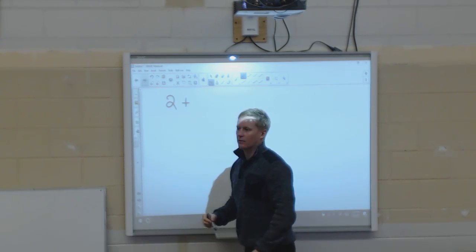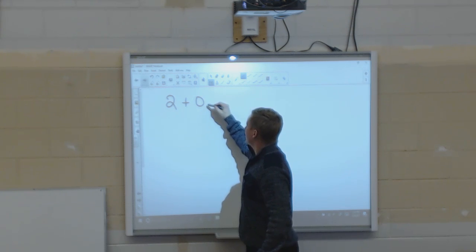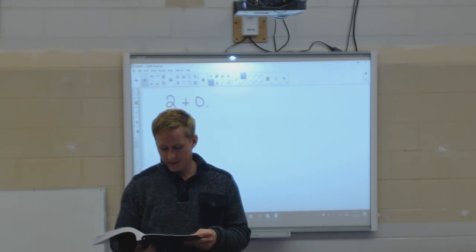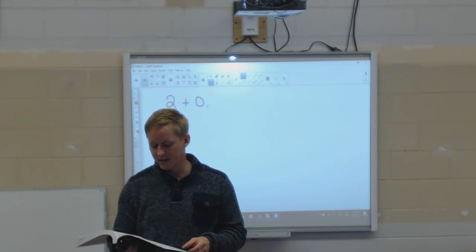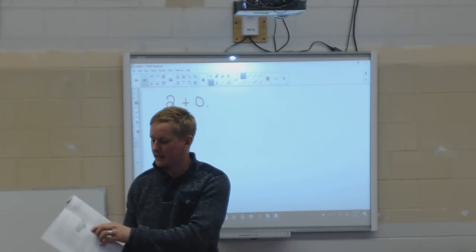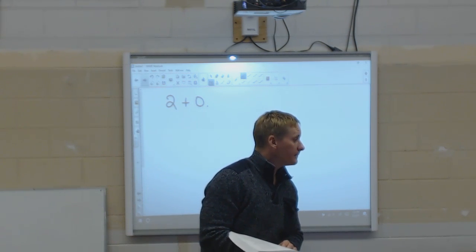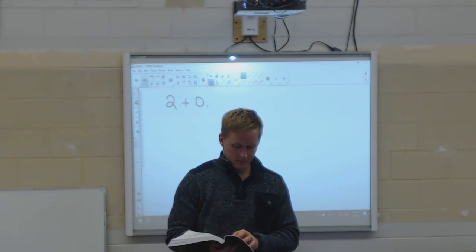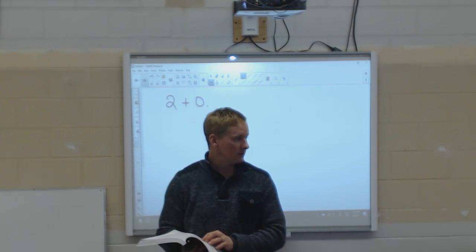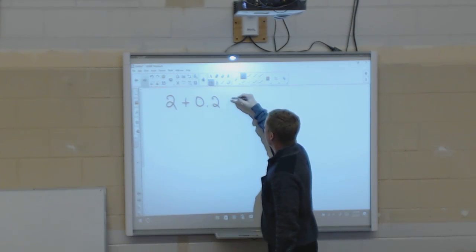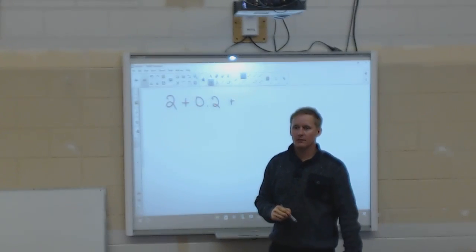Which tick is it between? Where's that 0 located on the ticks across the bottom of the ruler? The second one, 0.2. So it's 2.2, 0.2 plus.